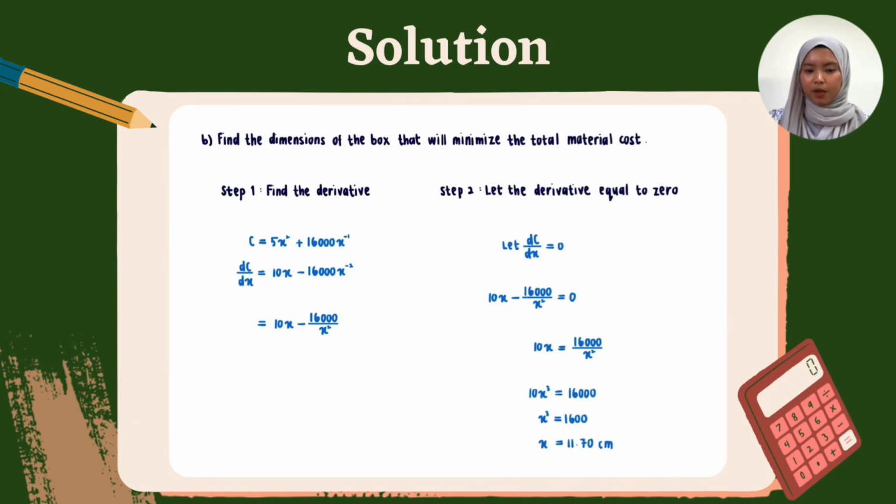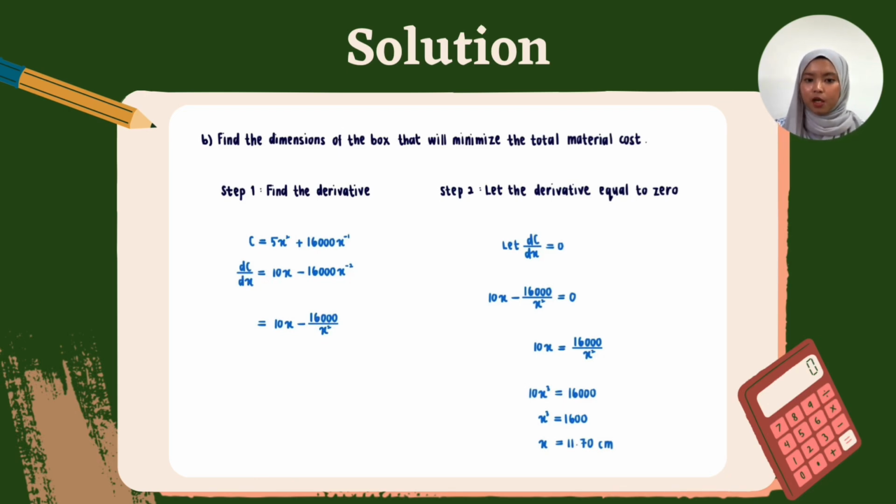B. Find the dimensions of the box that will minimize the total material cost. For step 1, find the derivative by differentiating the equation of the cost, which gives dc over dx equal to 10x minus 16,000 over x squared. For step 2, let the derivative equal 0, which is 10x minus 16,000 over x squared equal to 0. Next, solve for x, which is 10x equal to 16,000 over x squared.